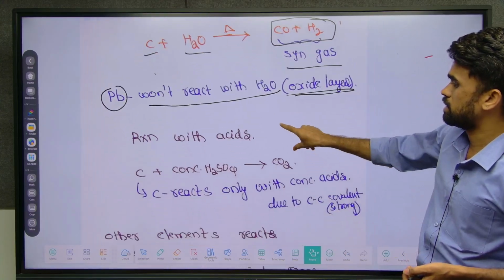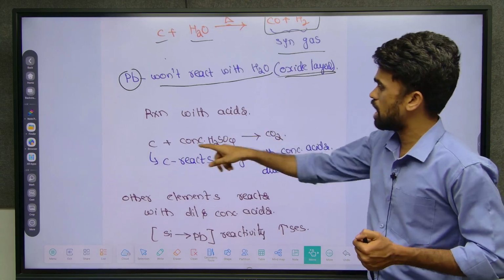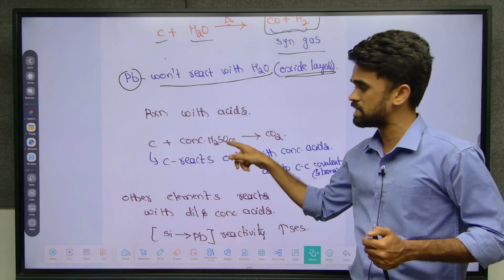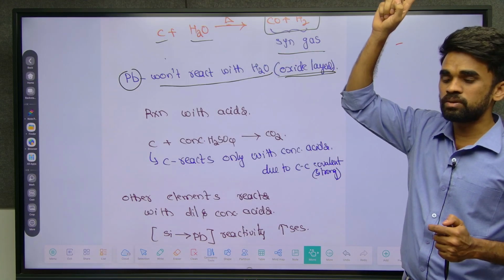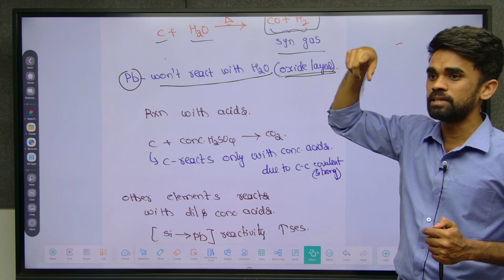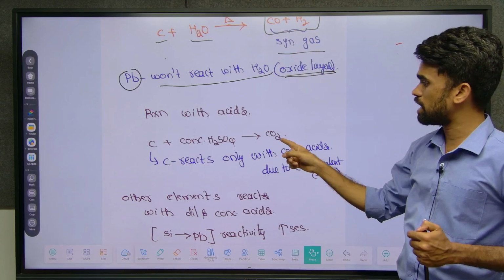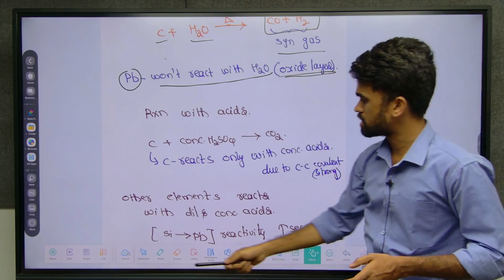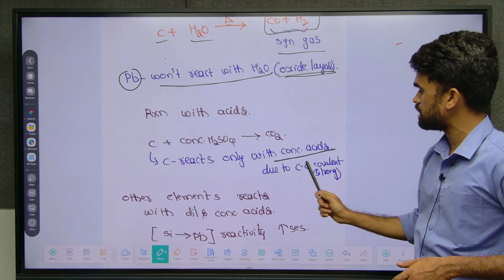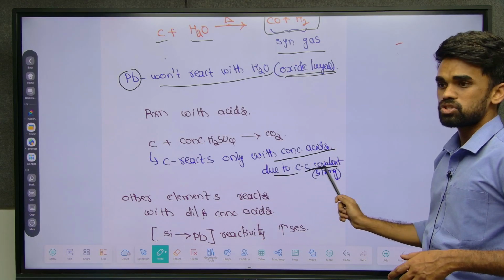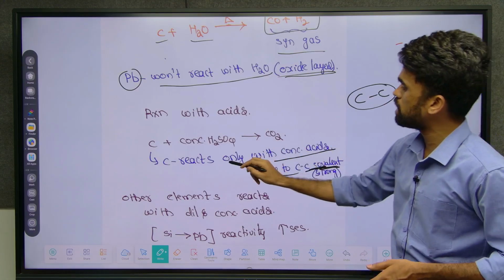Okay. Next, reaction with acids. When carbon reacts with acids like sulfuric acid, it forms respective oxides. In the 13th group also, boron upon treating with acids will give oxides. Here also we get carbon dioxide. Carbon only reacts with concentrated acid due to the strong C-C bond.